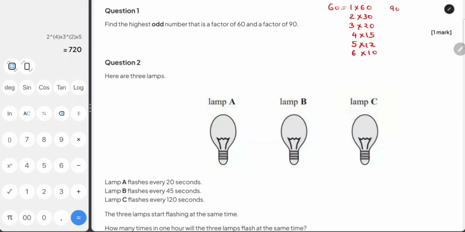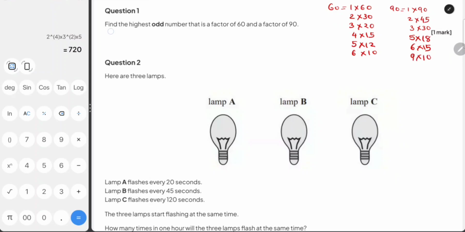And if you do the 90, that's 1 times 90, 2 times 45, 3 times 30, 4, I don't think it is divisible by 4, no. Then 5, yes, it's divisible by 5. So if you divide by 5, you'll get 18. It is divisible by 6, 6 times 15, not by 7, not by 8, it is divisible by 9, so 9 times 10.